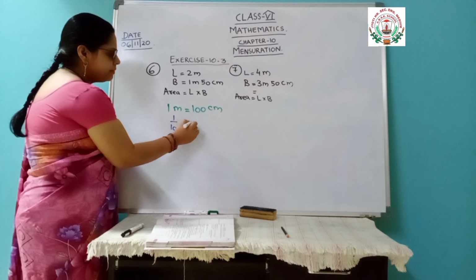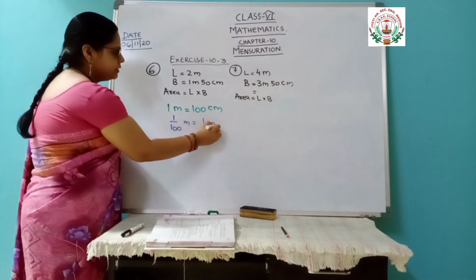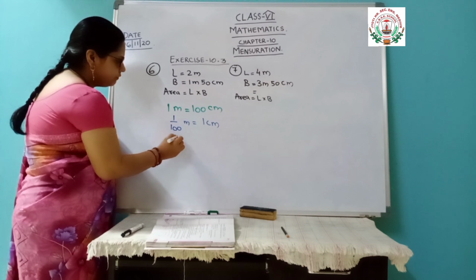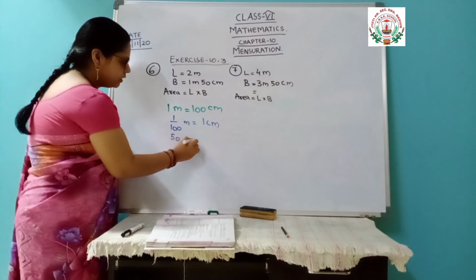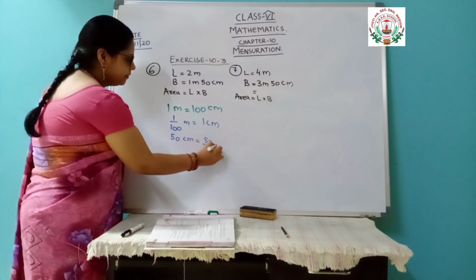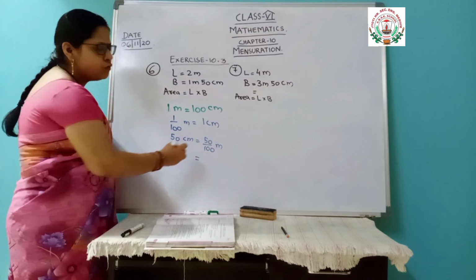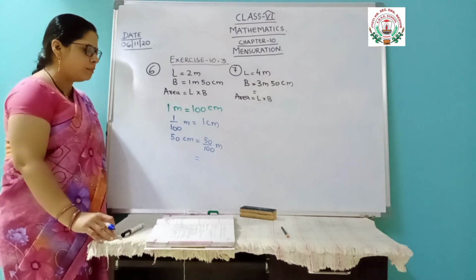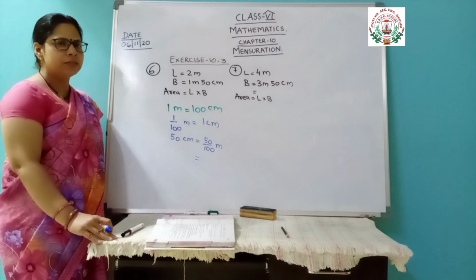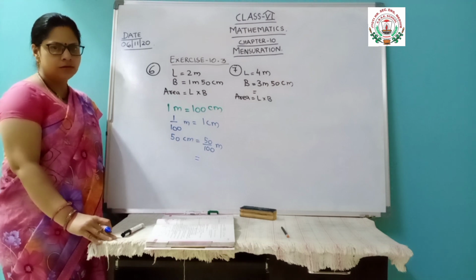So 1 by 100 meter is equals to 1 centimeter. And you are asked to write here 50 centimeter. So 50 centimeter will be 50 by 100 meter. And how many zeros will be there in denominator? That much digits before decimal is coming. In decimals chapter we have studied that.